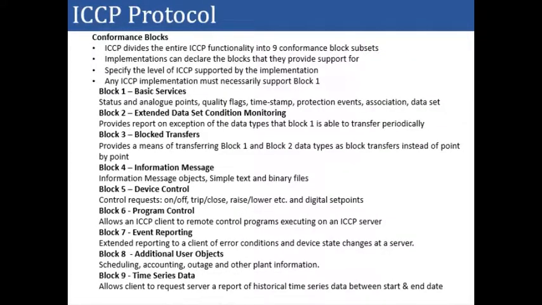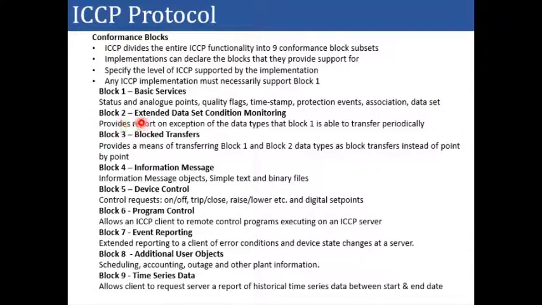So ICCP divides the entire ICCP functionality into 9 conformance block subsets. So what are these conformance blocks? So we will see that block 1 is nothing but basic services, which talks about status and analog points, quality flags, timestamp, production events, association related datasets.